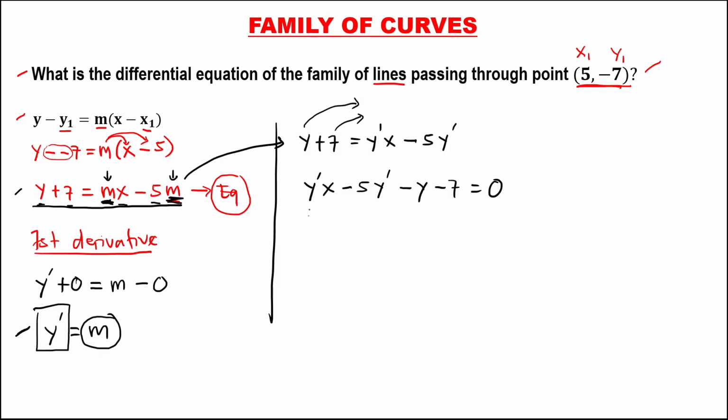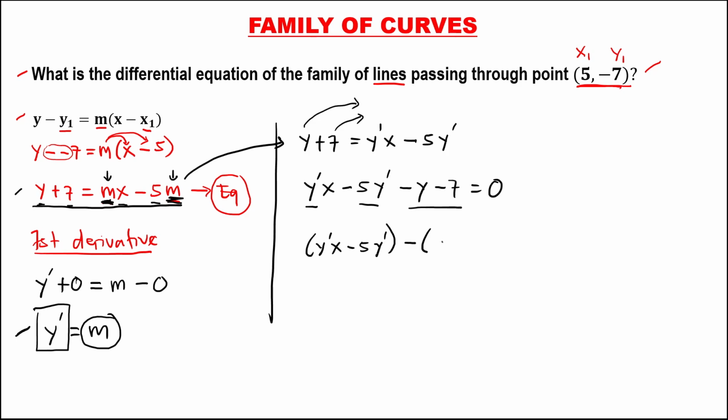Then to simplify, we can group these two terms: y prime times x minus 5 times y prime. Then also we need to group these two terms, since this one is negative, so we need to put the negative outside.